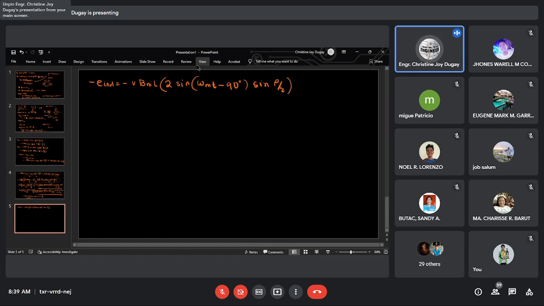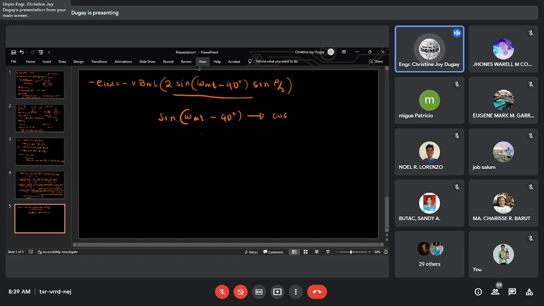So this one, si sine natin, if you are going to simplify sine omega mt less 90 degrees, if we are going to convert it or i-change natin siya to cosine, ano yung magiging angle natin? Ganito po siya, no? Si sine tsaka si cosine, magkapatid po yan.